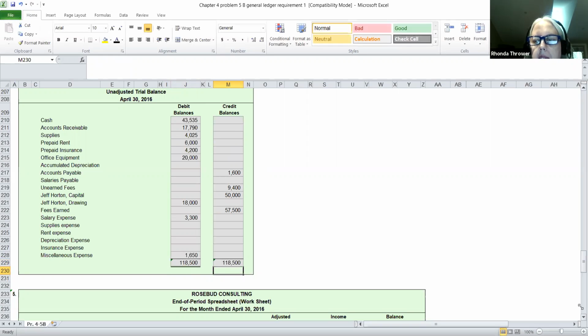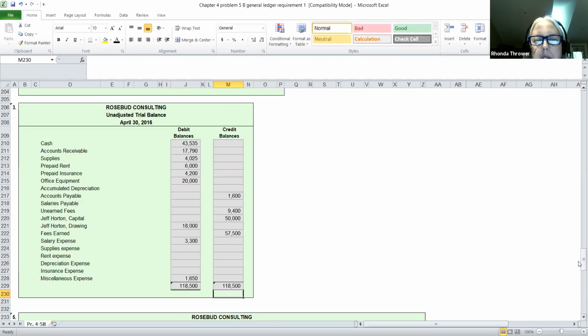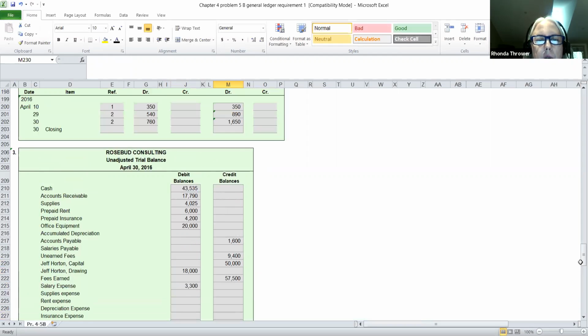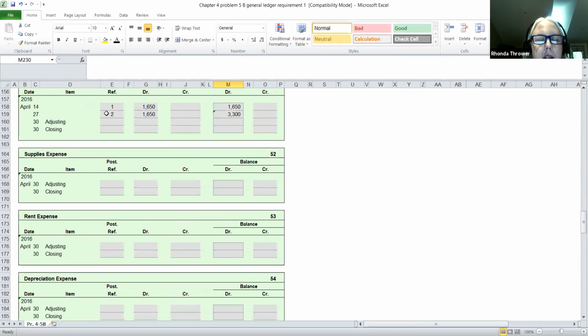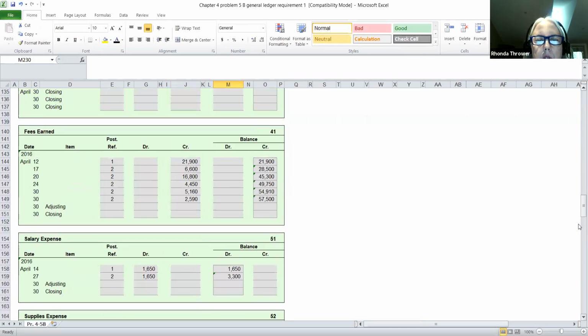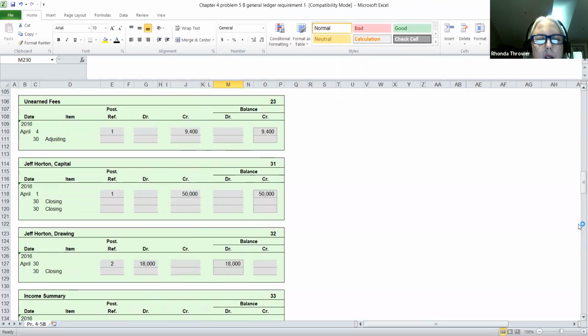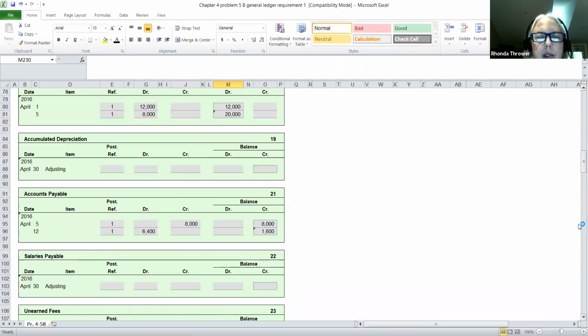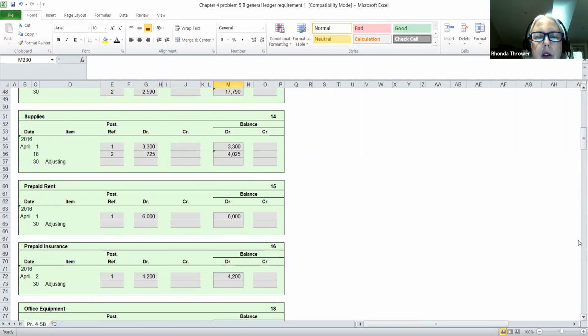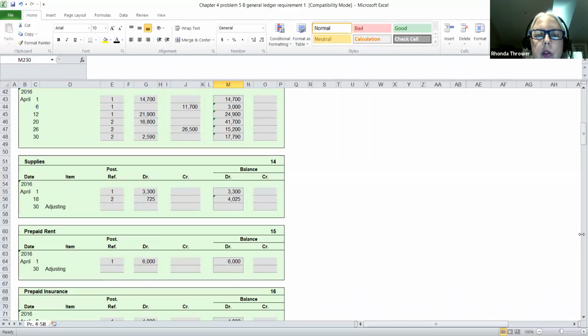That's a good sign that we posted everything correctly in the ledger. So right now, as far as I can tell, my ledger's okay and I've prepared an unadjusted trial balance. The next step will be to prepare adjusting entries, and we're going to do that in another recording.